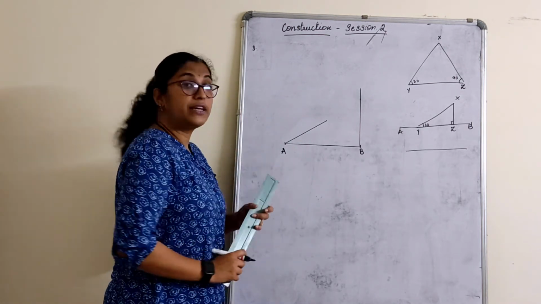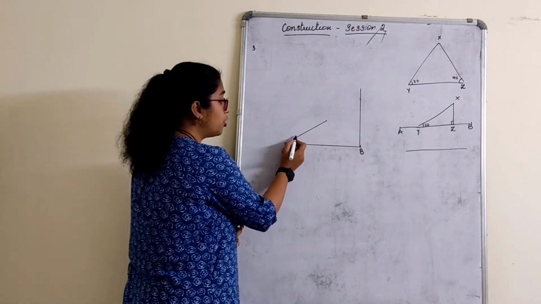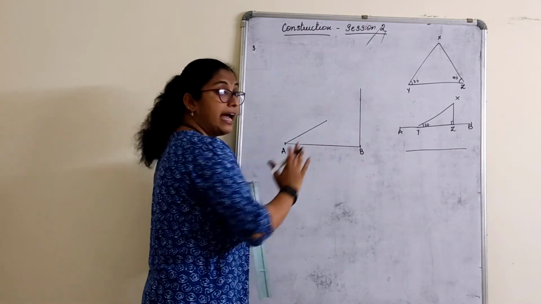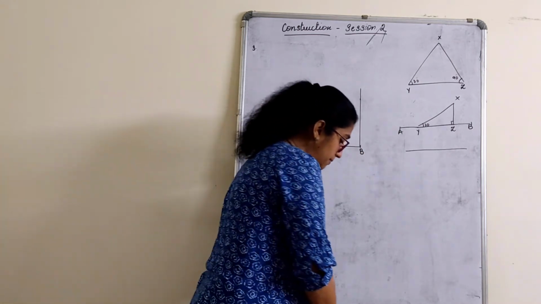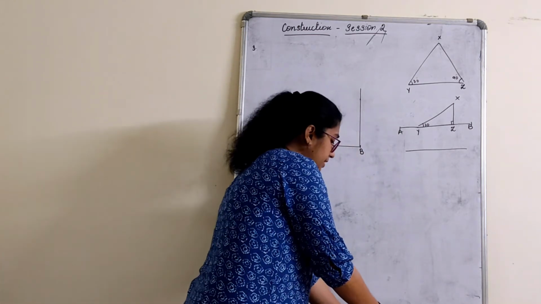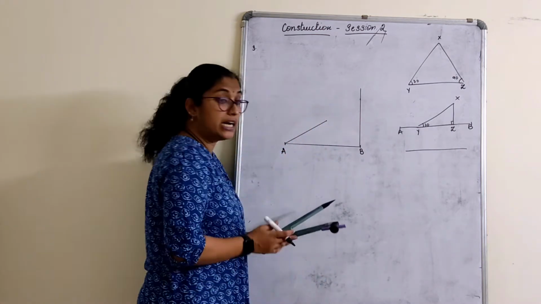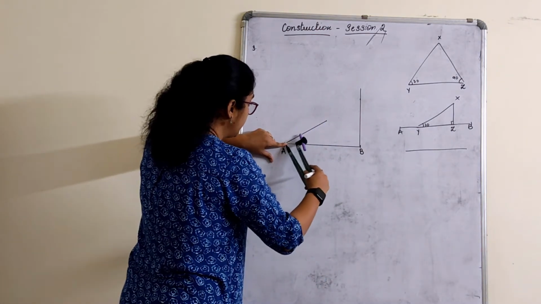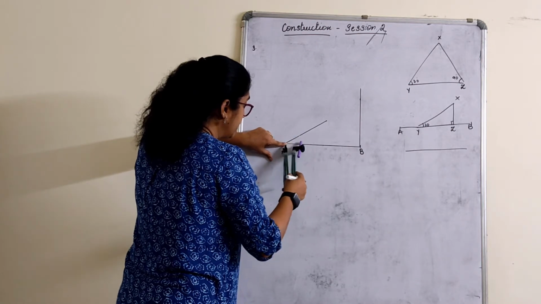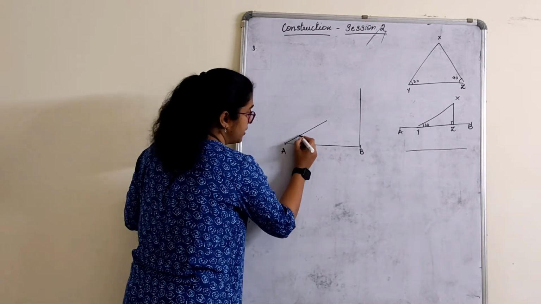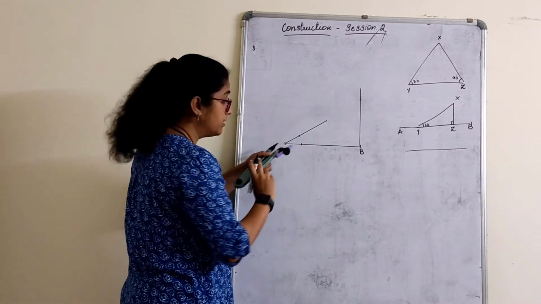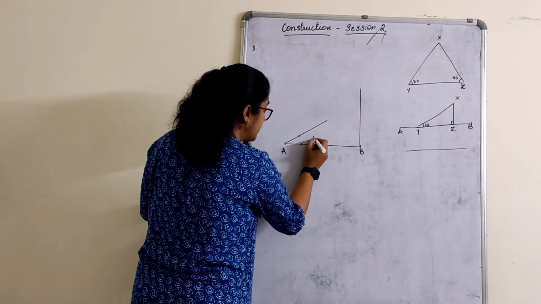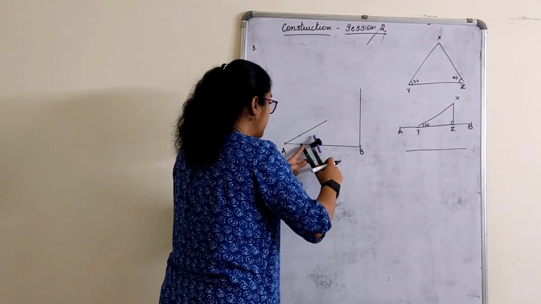Next, what we are supposed to do now is draw the angular bisectors of this 30 degree and 90 degree. We know the angular bisector for 30 is 15, for 90 is 45. We can't mark it. We have to show it. How to construct the angular bisector? One arc here, one arc here first. Right? From the same point, one arc inside and one arc outside.